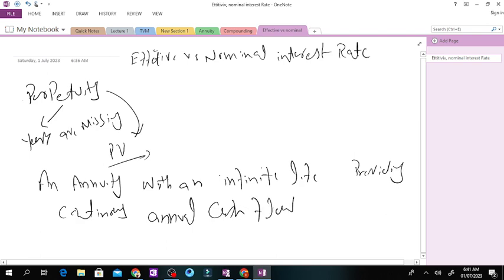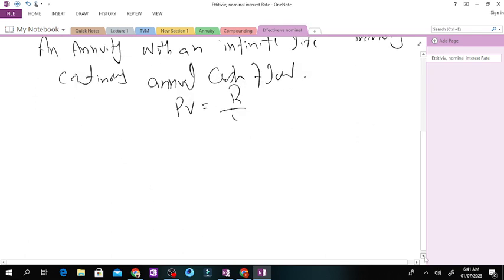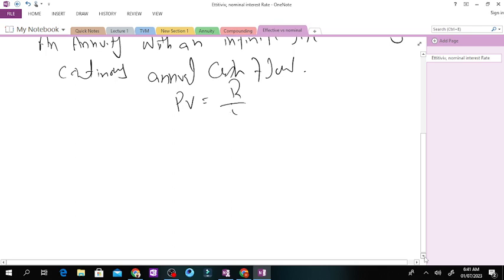The formula for that is present value is equal to r divided by I. We don't have any information about n, so we are in a perpetuity condition.